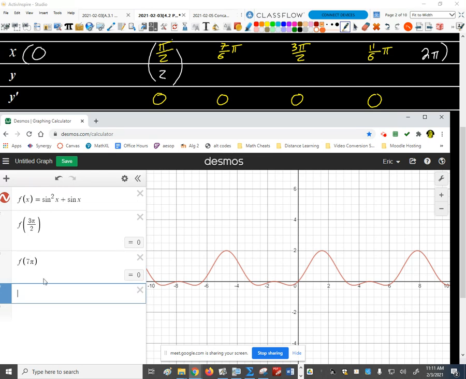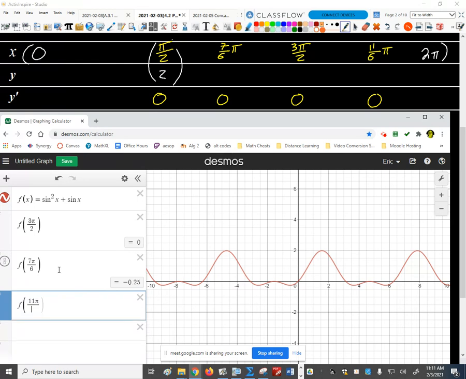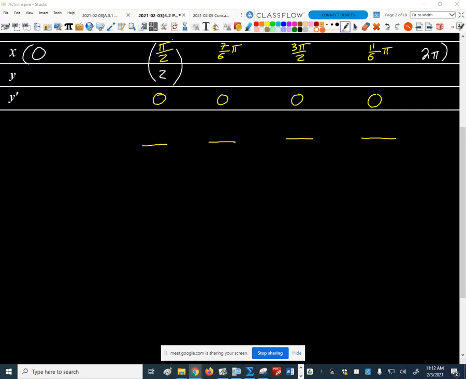Negative 1/4 for both of those. Okay, so those are my values. That's nice to know, but I don't know if those are extrema yet, right?